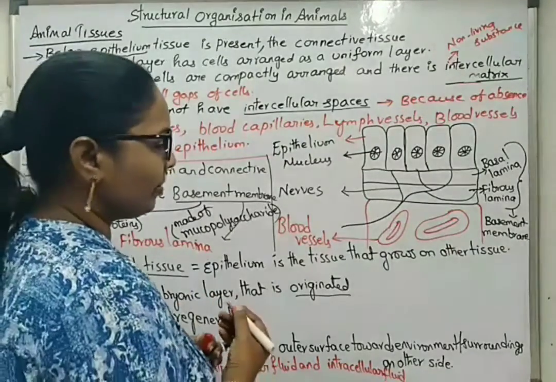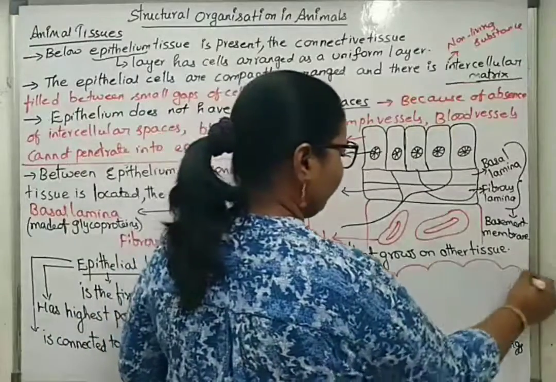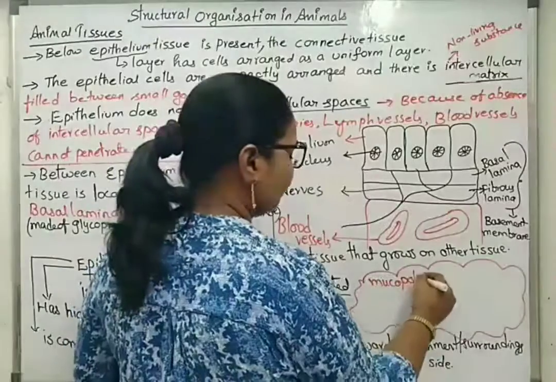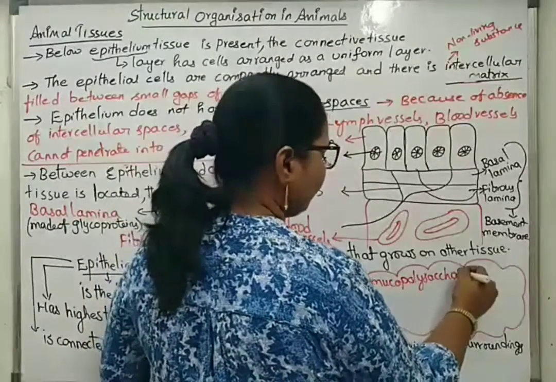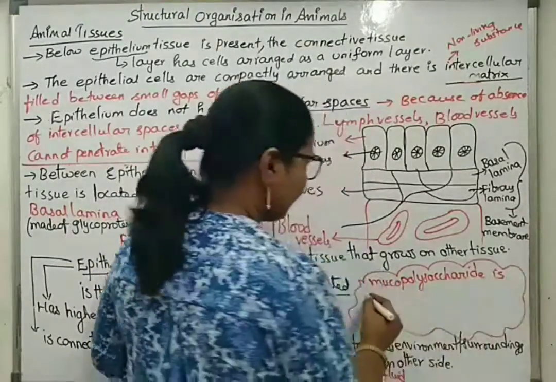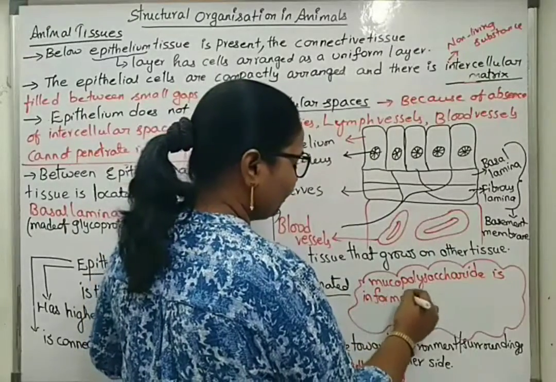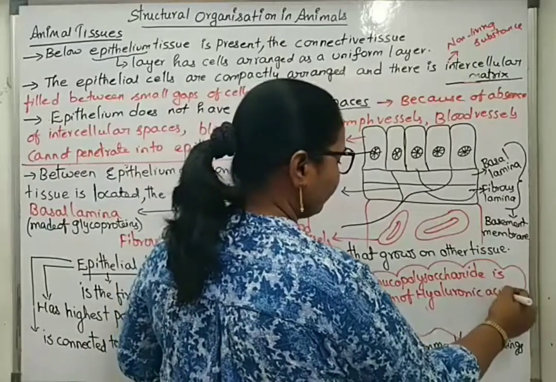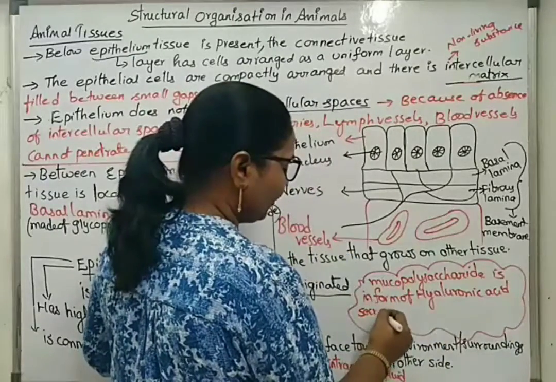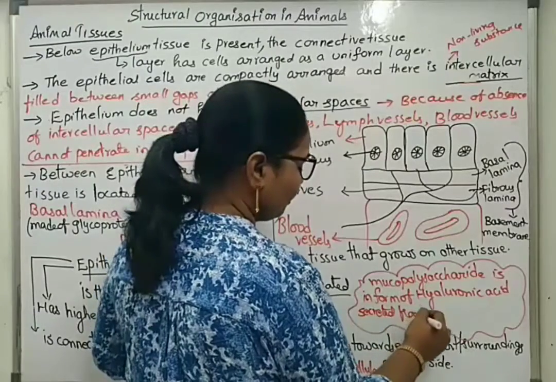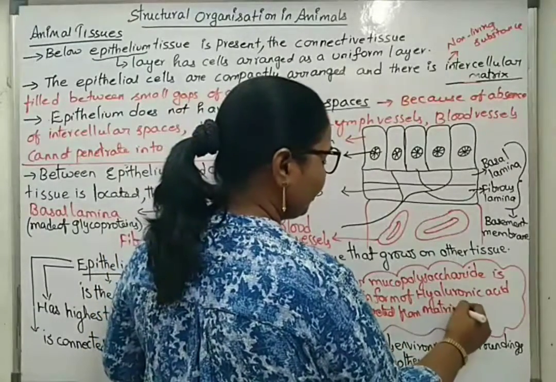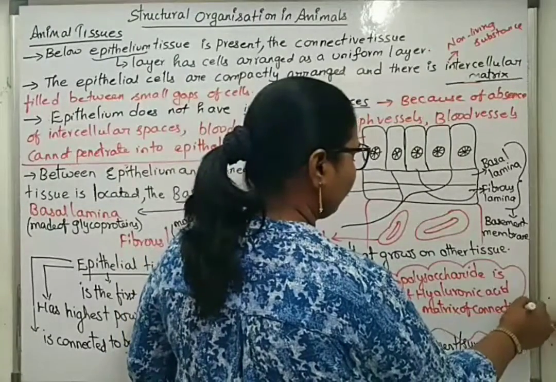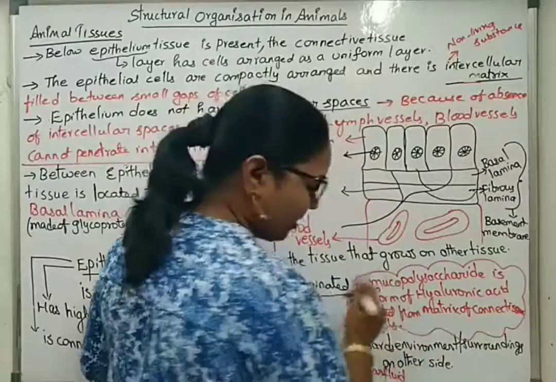So we will write one more point. Mucopolysaccharide is in the form of hyaluronic acid, secreted from the matrix of connective tissue cells.